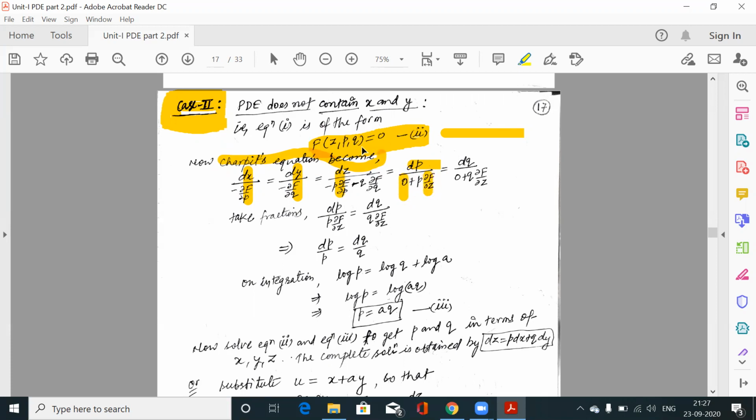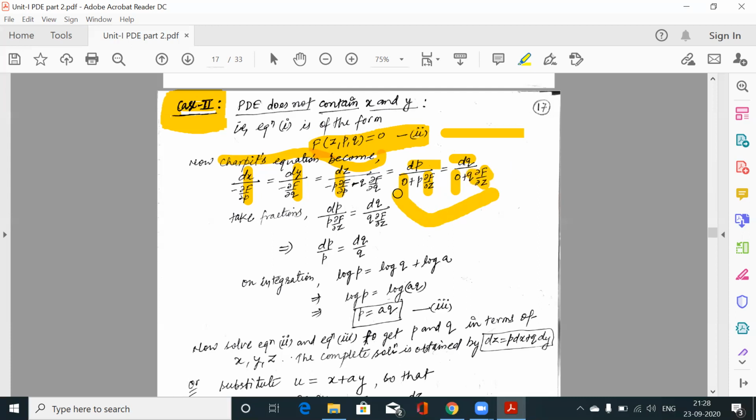Since this equation does not contain x terms, del f over del x is always 0, and z is there, so these terms are there. And similarly for dq, in the denominator we have del f over del y, and again since this PDE does not contain y terms, the differentiation of f with respect to y is 0, plus q del f over del z.